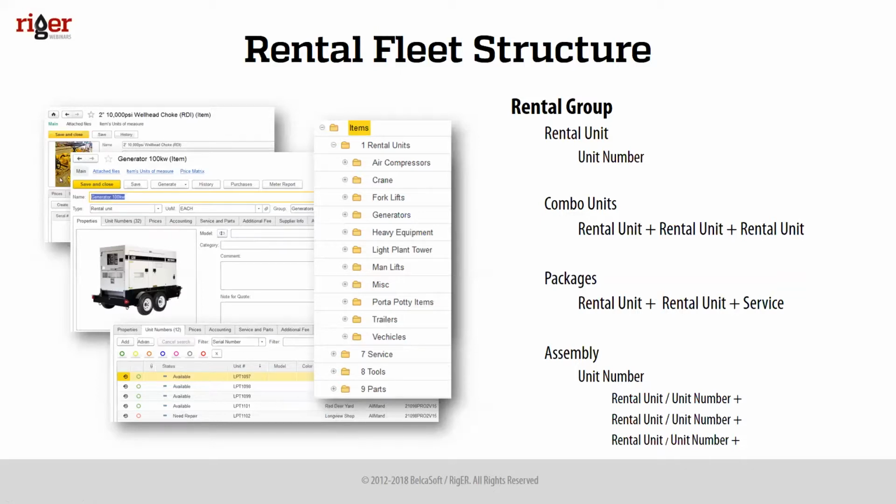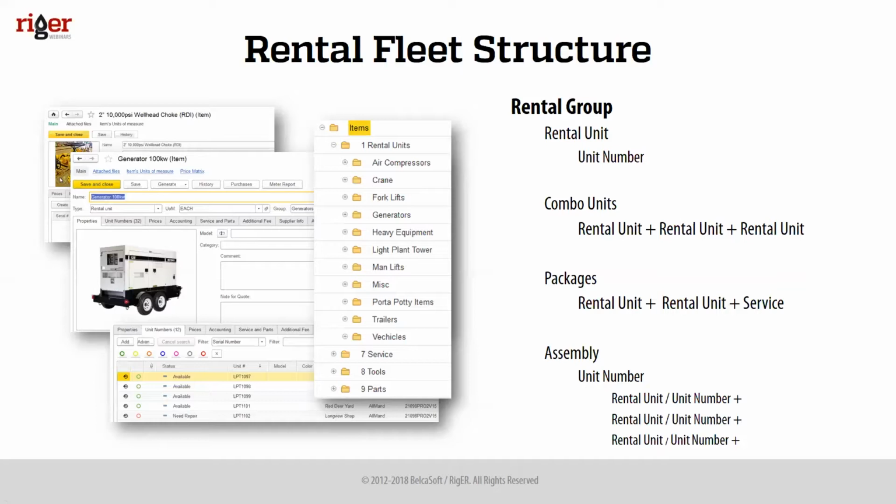So in this case, we can build a rental fleet structure down the road, but we recommend thinking about this before we provide data to RigER, because sometimes it could be a huge amount of data to move between different categories.